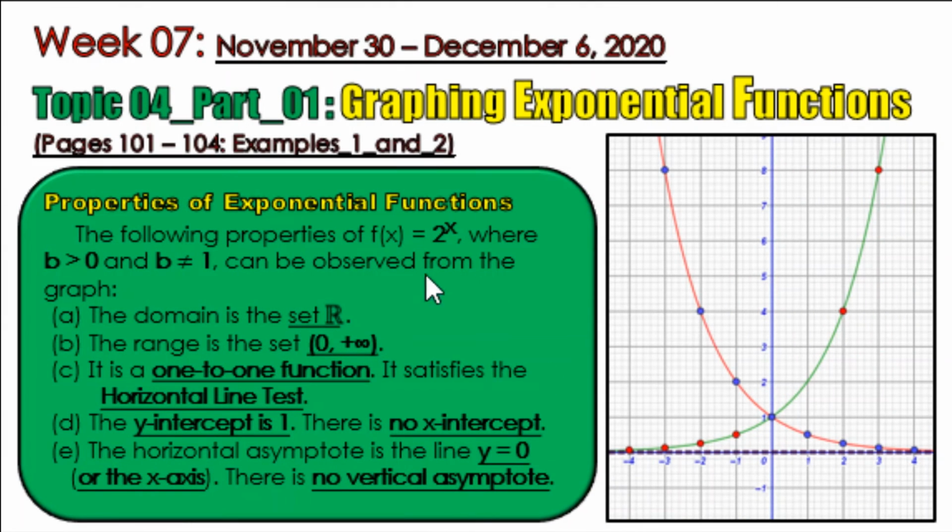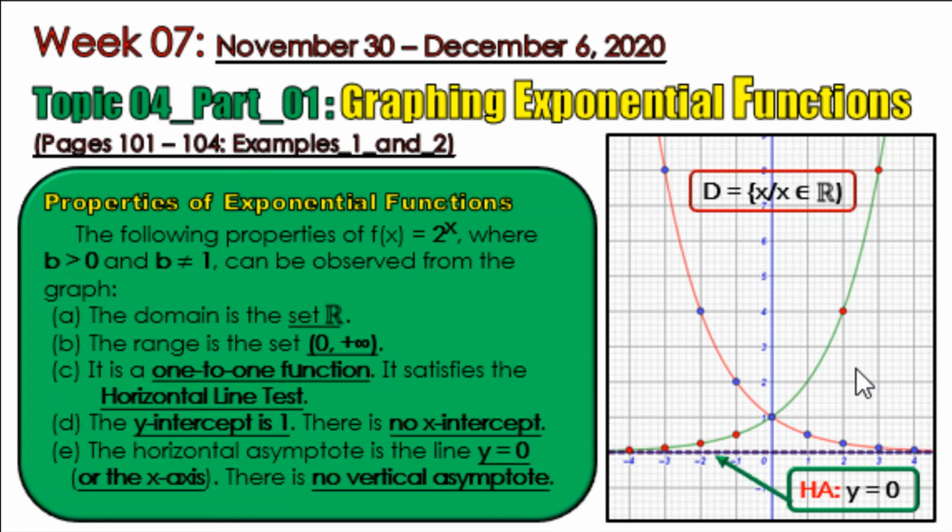So let us have the properties of exponential functions. The following properties of f of x is equal to b raised to x, where b is greater than 0 and b is not equal to 1, can be observed from the graph. So this is your graph. The domain is a set of real numbers.